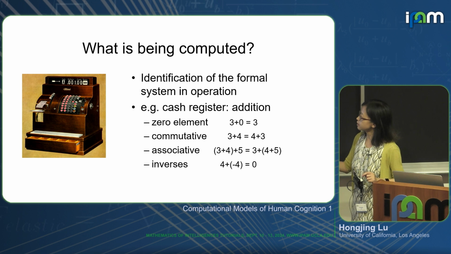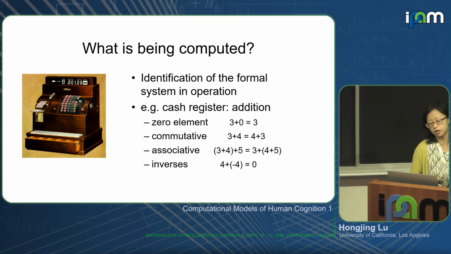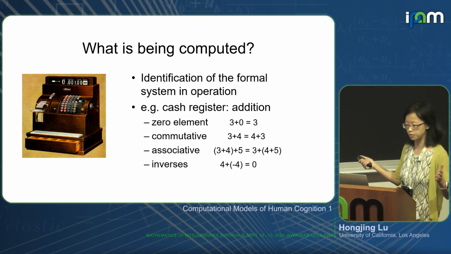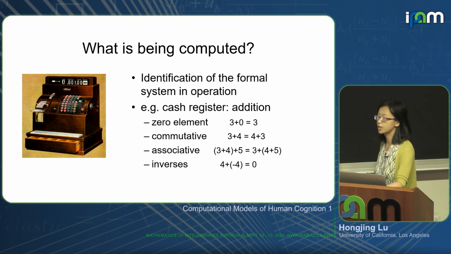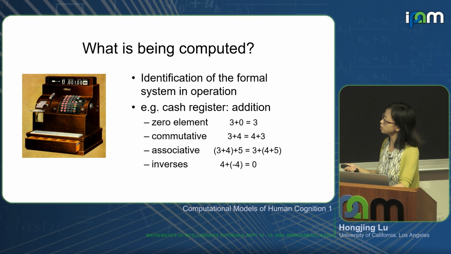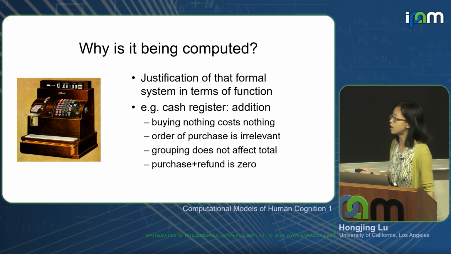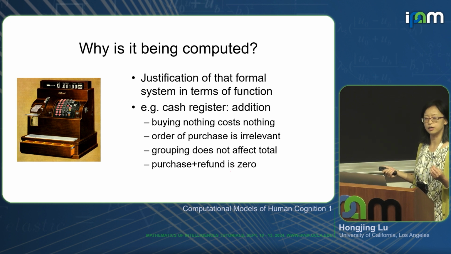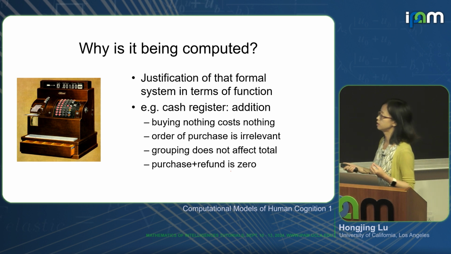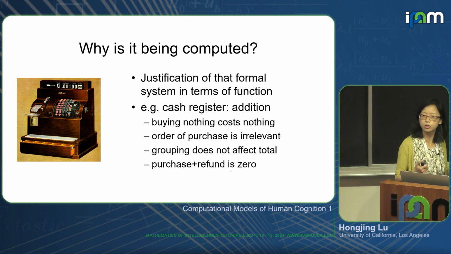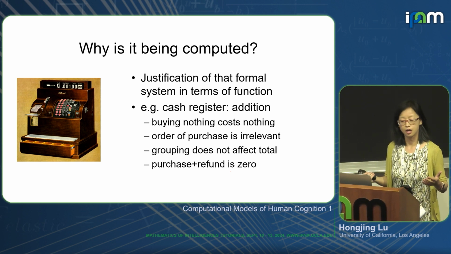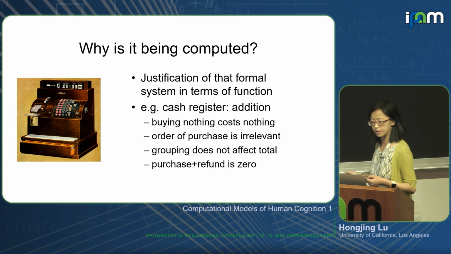If we look at the properties of addition, we know it is commutative, associative, has an inverse and a zero element, and so on. Each of these properties exactly satisfies a functional constraint for this information processing. If you buy nothing, it costs nothing, that corresponds to the zero element.